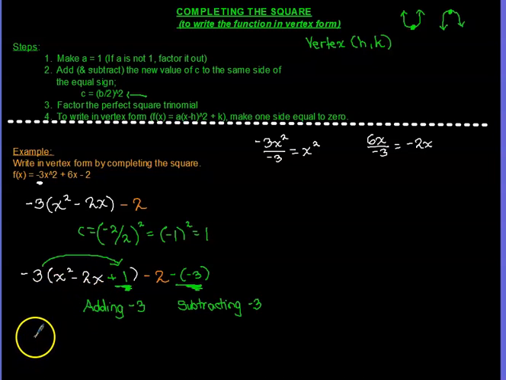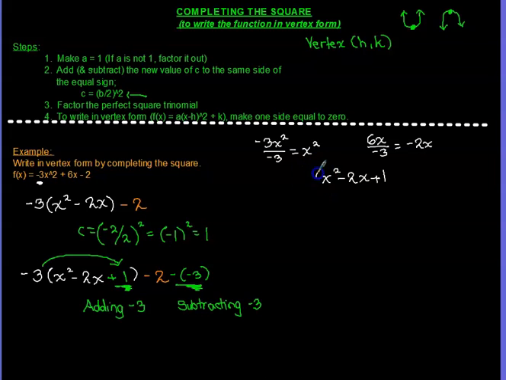And from here, step 3, the reason why we created our own c is because we want to factor a perfect square trinomial, meaning in this parentheses, when I factor it, the parentheses will say the same thing. So I'm only going to work in this parentheses. I'm going to take a sidebar here to factor it: x squared minus 2x plus 1. I did do a video tutorial on factoring.